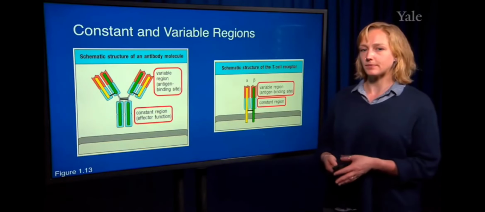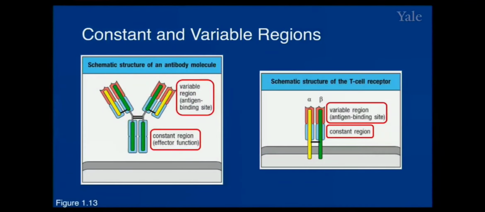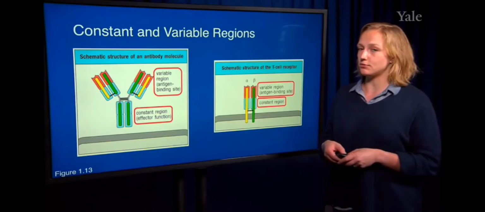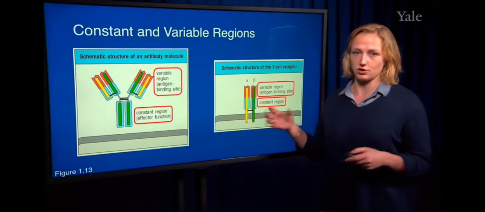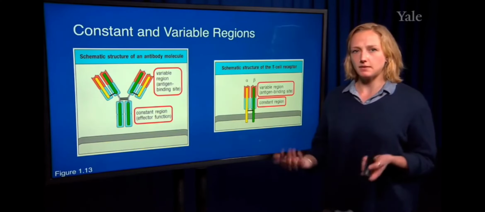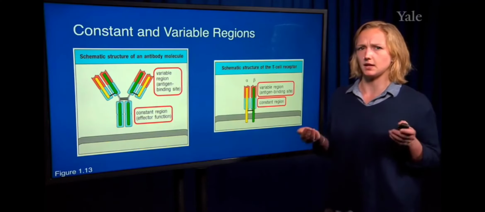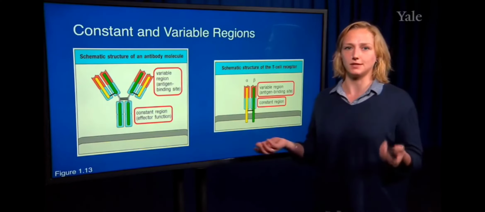The next slide is going to be very busy, and I don't want you to get worried because this is a concept we're not going to be diving into. But before we go into how these two molecules work, I wanted to give you a very brief snapshot into how this variable region is constructed. Because you might be thinking, okay, I understand that different cells have different specificity, but how can that be encoded when we have up to 10 to the 12 different B cells and T cells in our bodies?